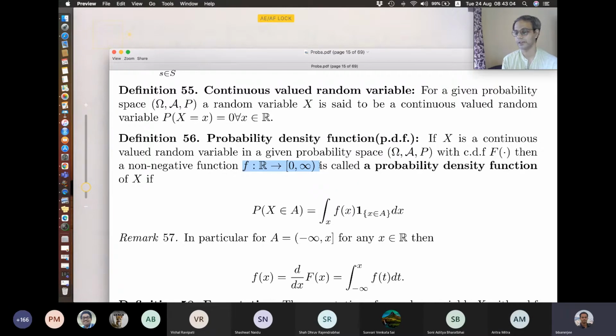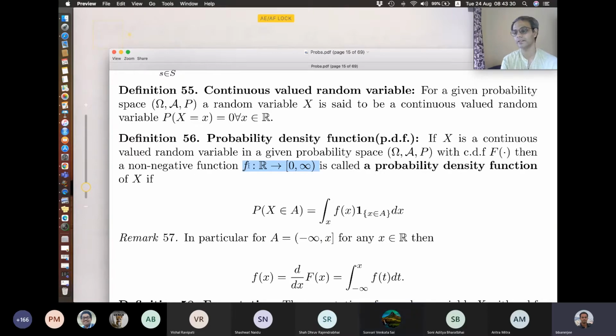Okay, sir. Any other query? Sir, I didn't get that part: if the probability is 0 for every real x, how will the function be positive? I mean, it will be 0 everywhere, right? No, then the integral becomes 0.